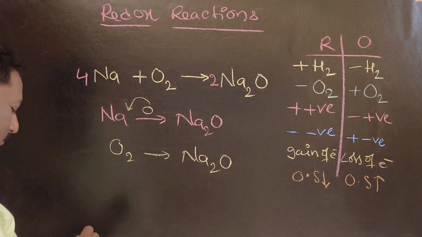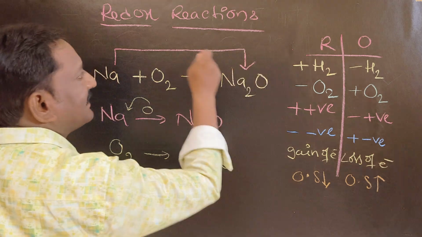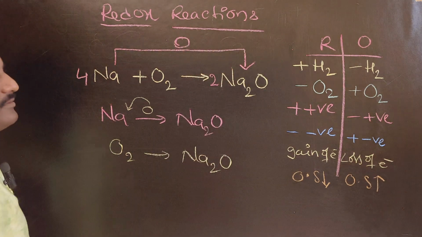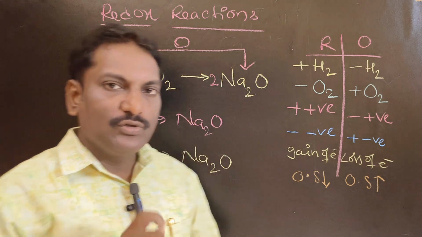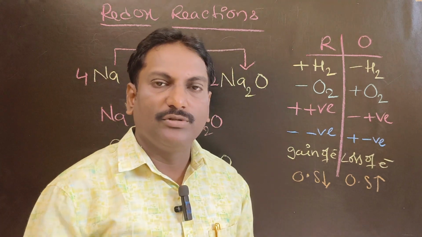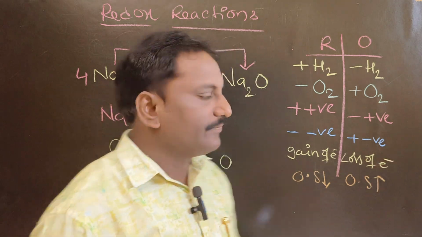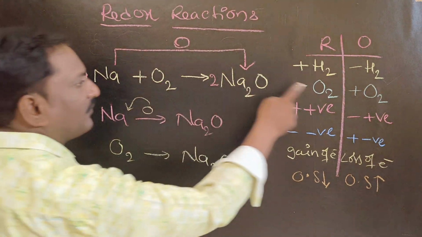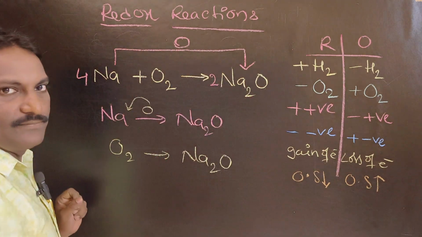That means the conversion of sodium to sodium oxide is considered as oxidation. Very simple one. Oxygen has been added to the sodium. Addition of oxygen to any substance is called oxidation.